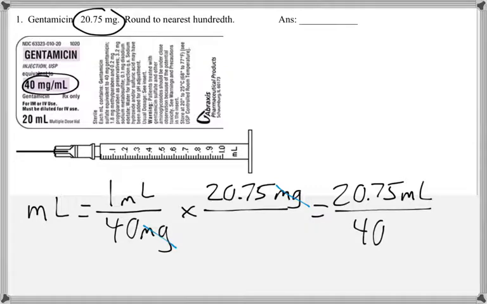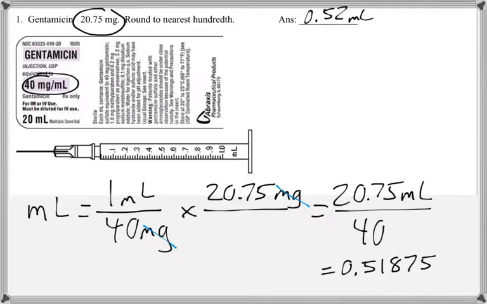So then if I divide that, I get 0.51875, and we're supposed to round this to the nearest hundredth, which is 0.52 mLs.